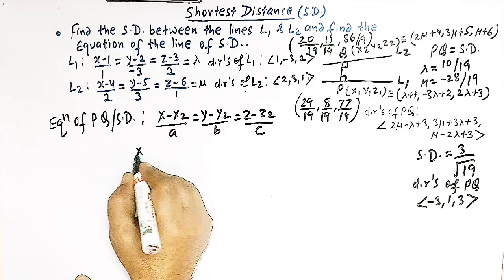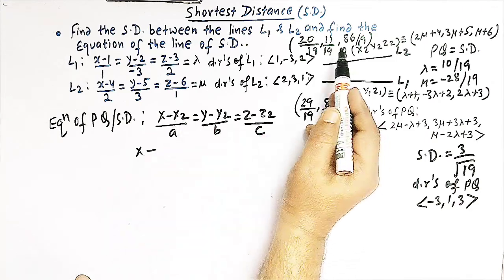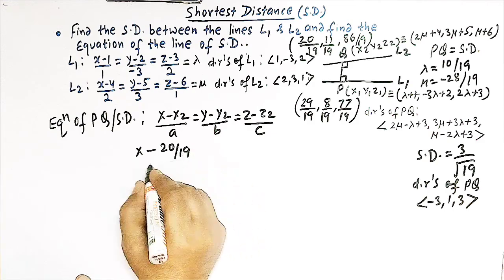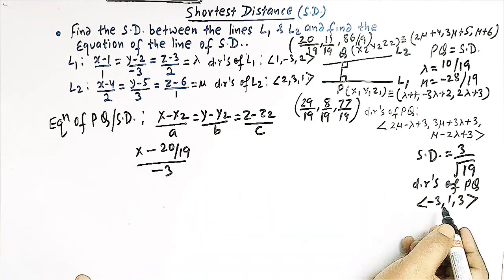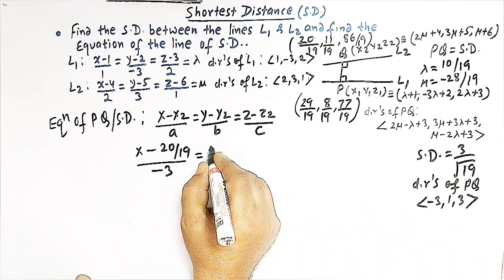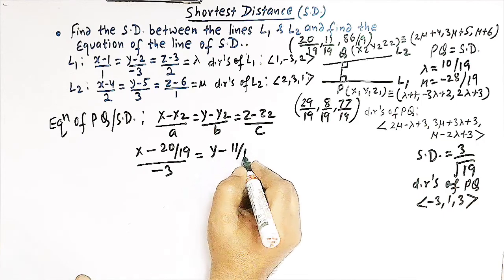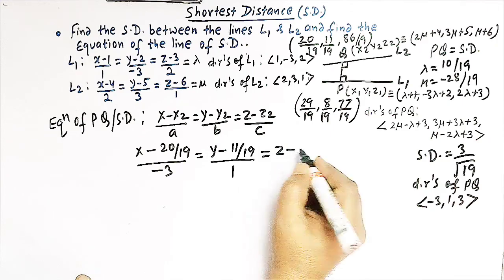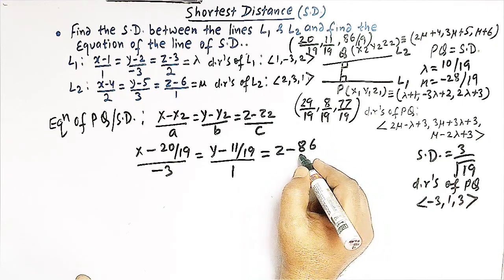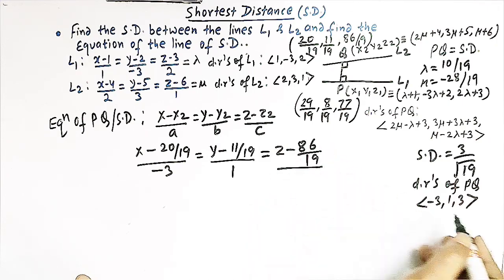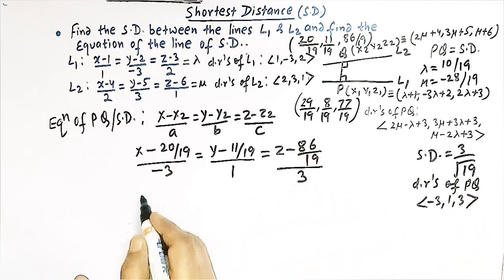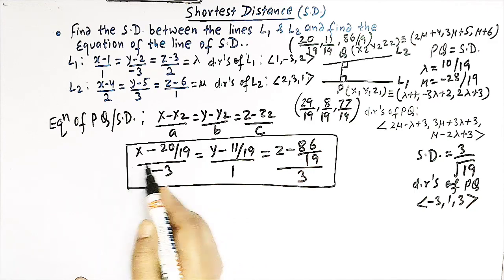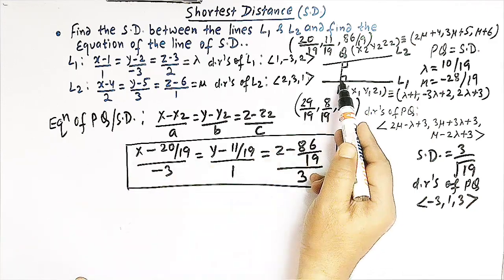So here we have x minus 20 over 19, and here we have minus 3, and then y minus 11 over 19 over 1, then z minus 86 over 19, and here we have 3. So this is another form of the line of shortest distance.